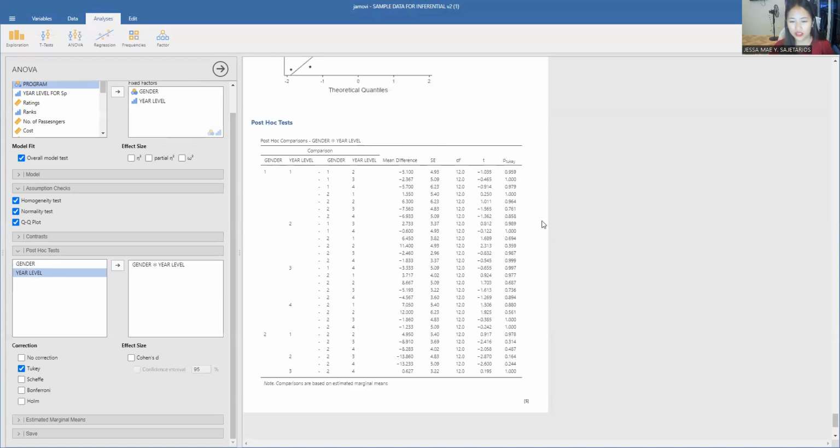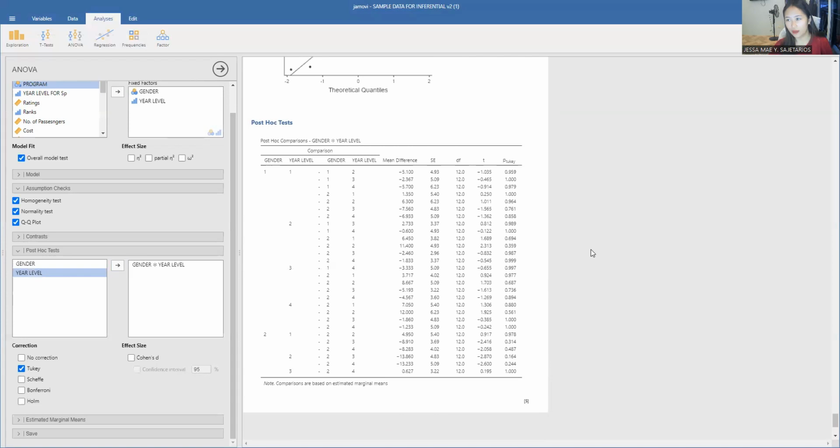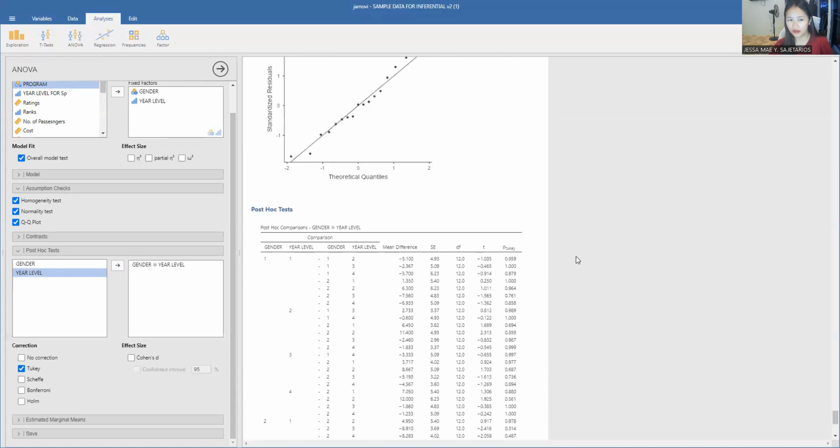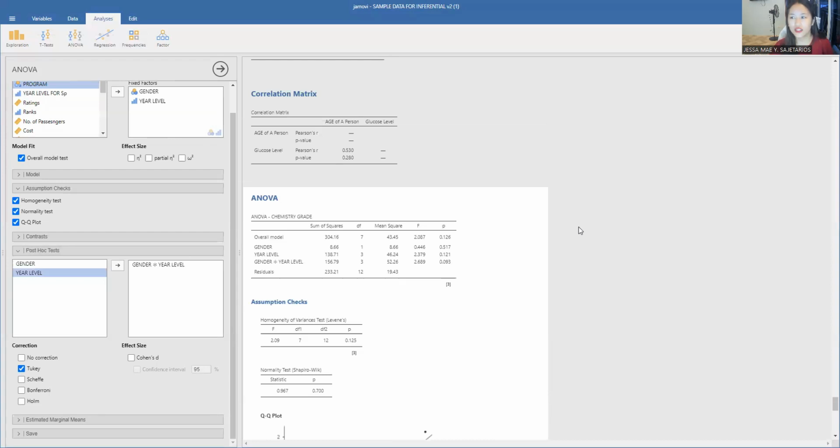So, as you can see here in the post-hoc comparisons between gender and year level in chemistry grade, we don't see anything less than 0.05. So, meaning, there is really no significant difference between the two.